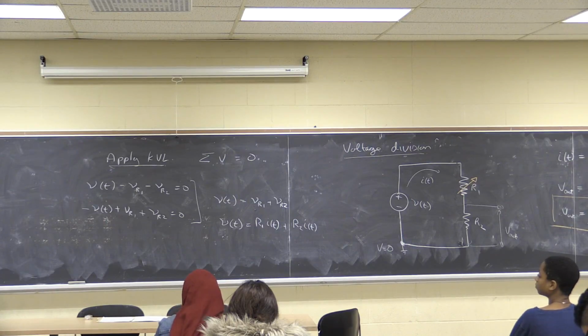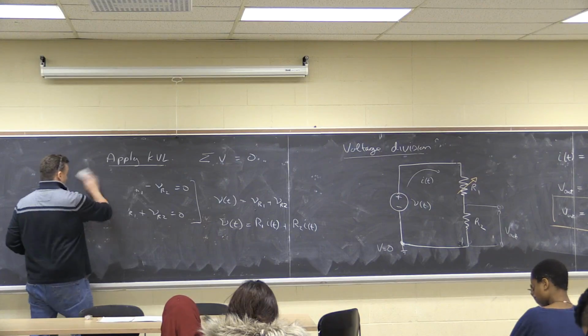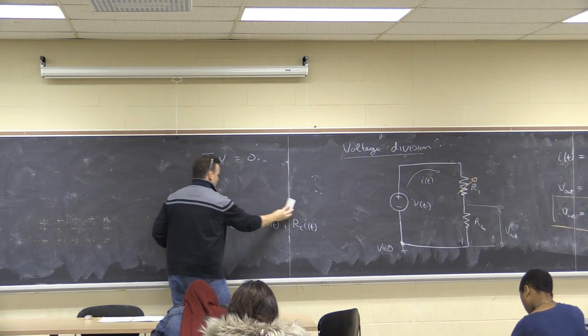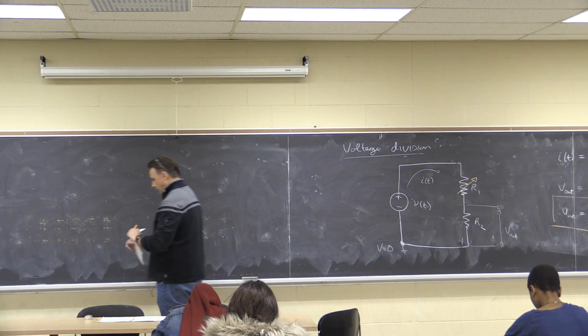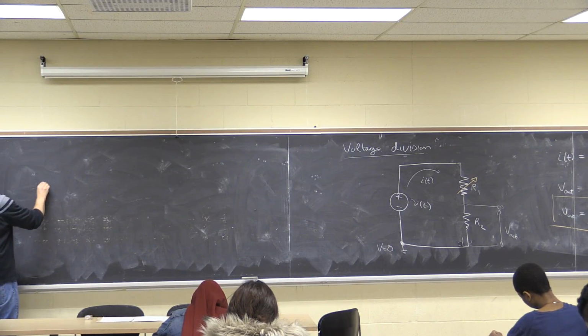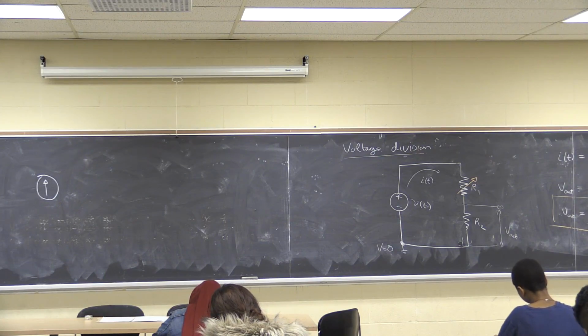Okay, if that's voltage division, we can look at the analog, which is current division. And the circuit I want to analyze for that is going to be something that produces a constant current or a constant flow of charge.